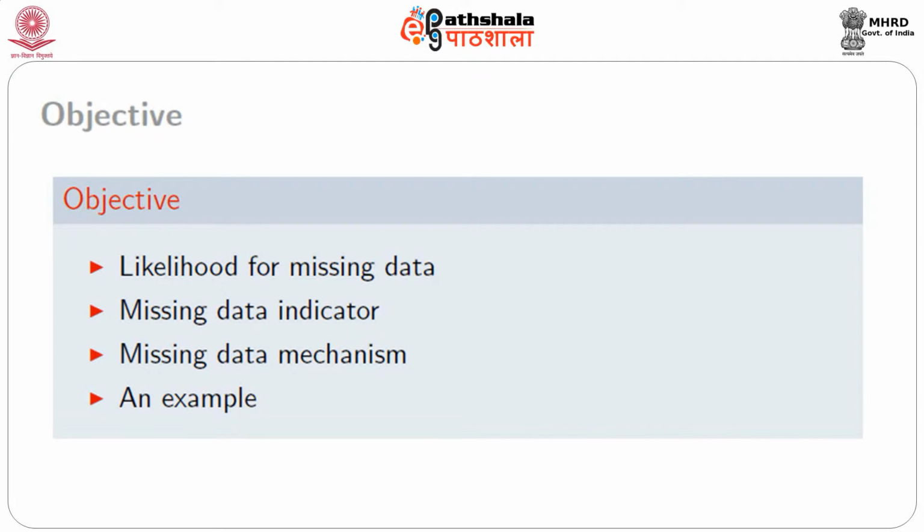So, the objectives of this session are formulation of likelihood for missing data, defining missing data indicators, and revisiting the missing data mechanisms and implementing some of our theoretical results using R.